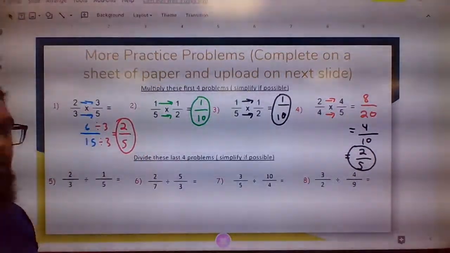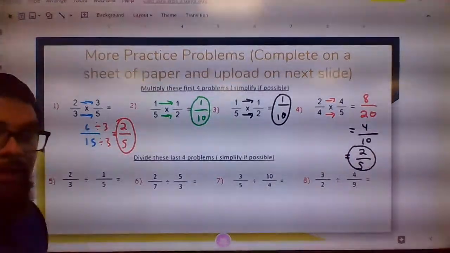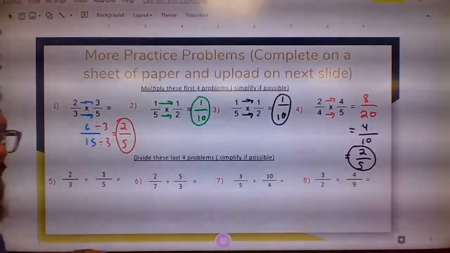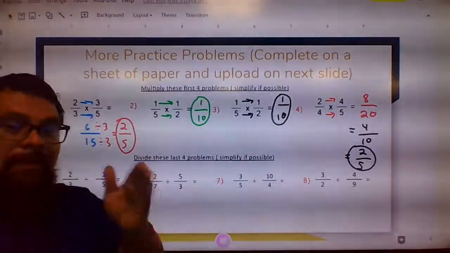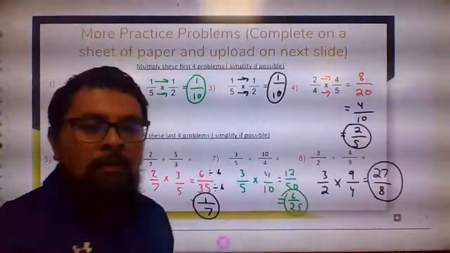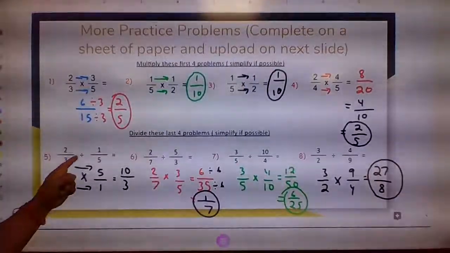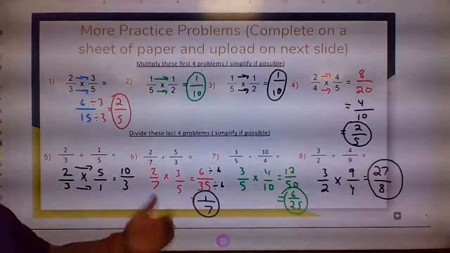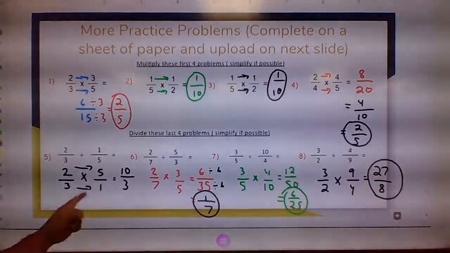All right, let's go on to number 5, 6, 7, and 8. These are division, so these are a little different. Remember on these, like the video said, keep, flip, change. Let's do number 5. It's 2/3 divided by 1/5. Just like the video says, you keep this, change this, and you flip it.